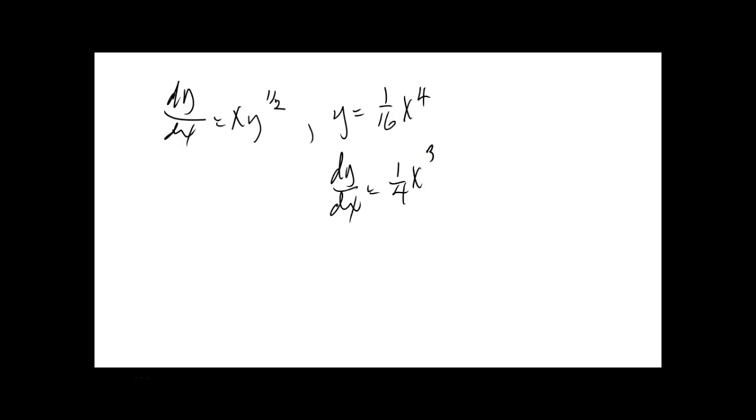Now let's see if this fits that equation. 1/4 x cubed, is that equal to x times what? We got to figure out what y to the 1/2 is. Y to the 1/2 would be 1/4 x squared.